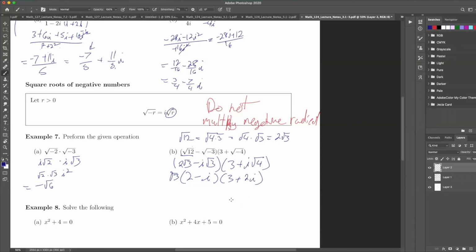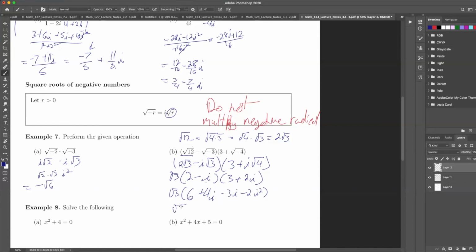And so now, once I've done this, it's just simple multiplication of complex numbers. I don't know if that's simple, but it simplifies down to multiplication of complex numbers. So it'll be 2 times 3, and I'll carry my square root of 3. It'll be 6. So plus 4i minus 3i, and then minus an i times negative 2, so it'll be minus 2i squared.